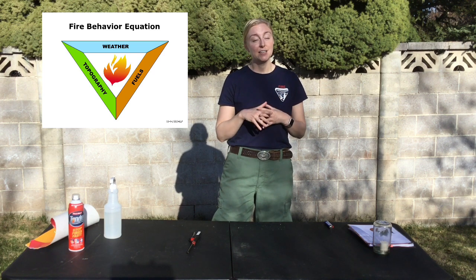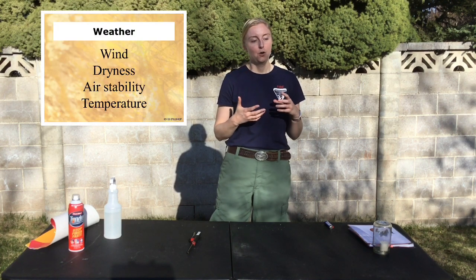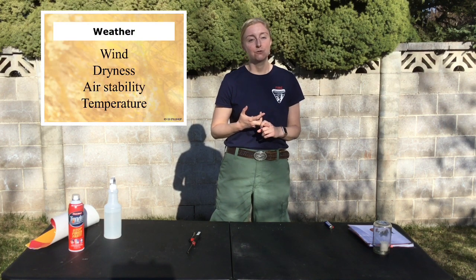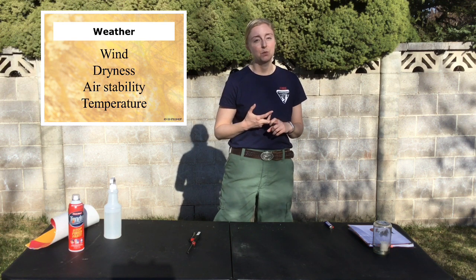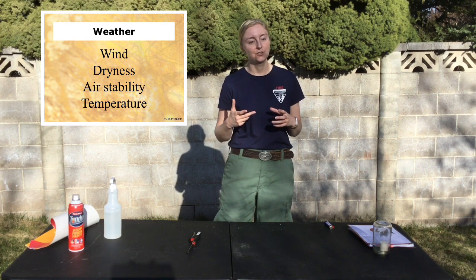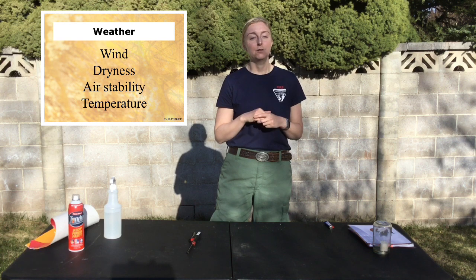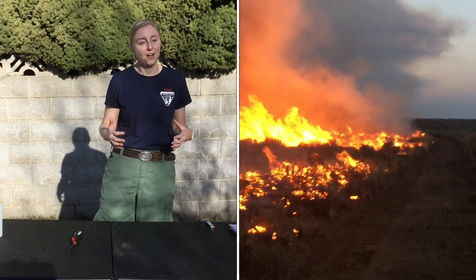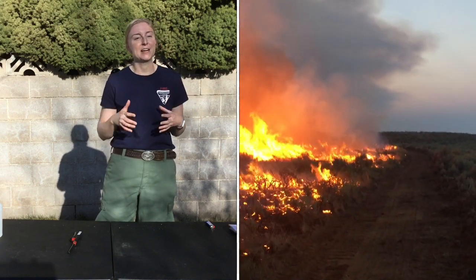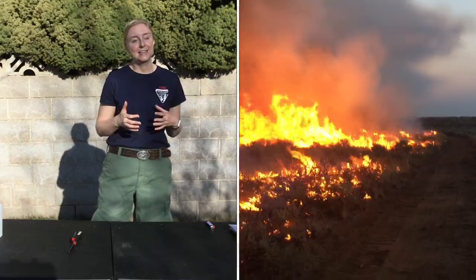And weather can be pretty critical, as we're always checking on winds, if thunderstorms are coming in, because that can bring erratic winds and downdrafts that really affect fire behavior. It's just like when you're at a campfire and you start blowing on the fire and it gets bigger and bigger. And that's what wind can do to our fires on the landscape.